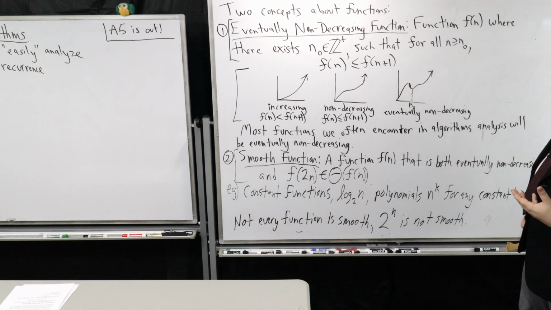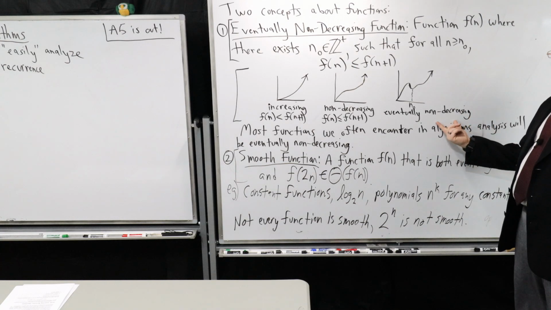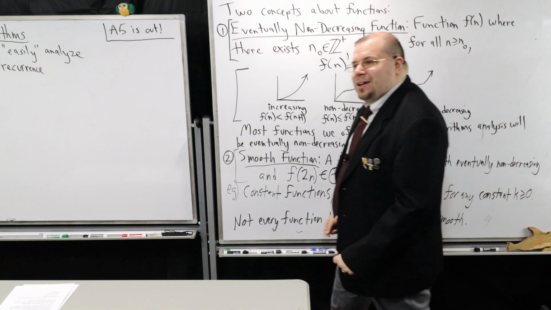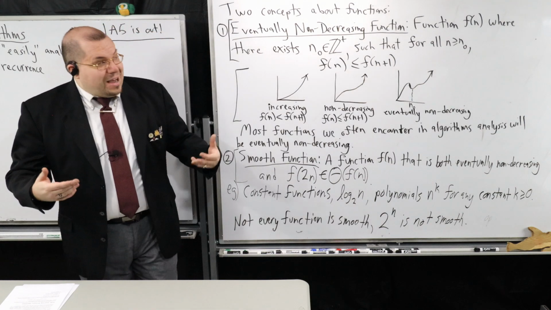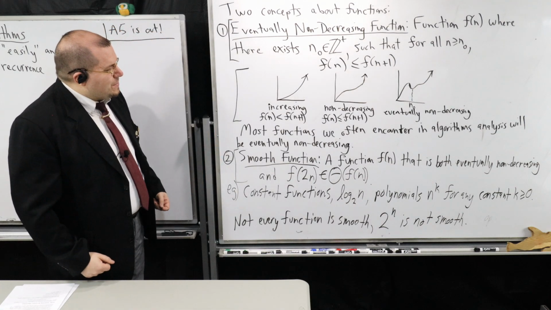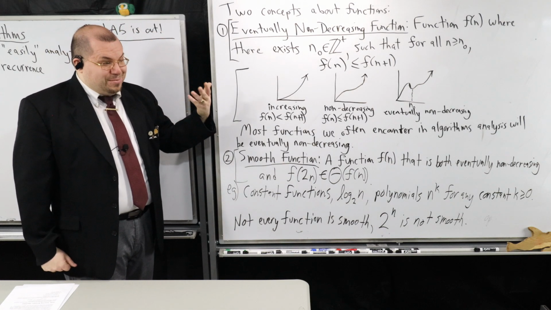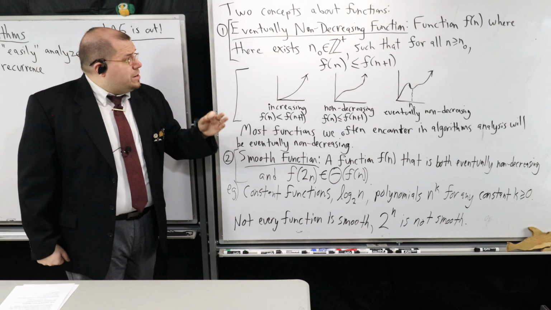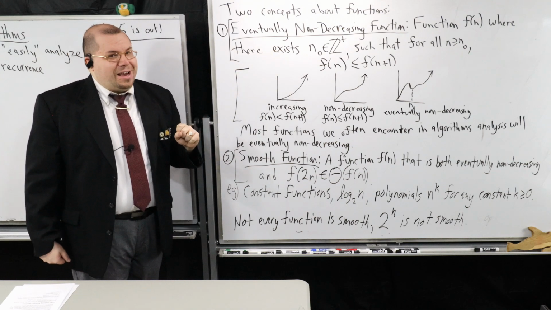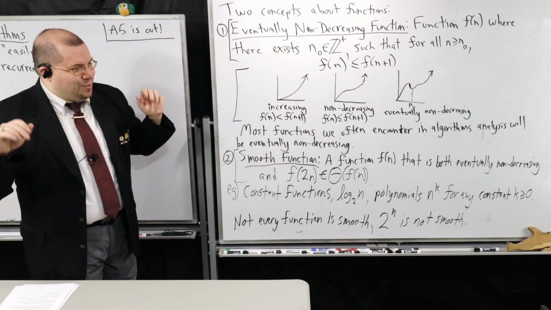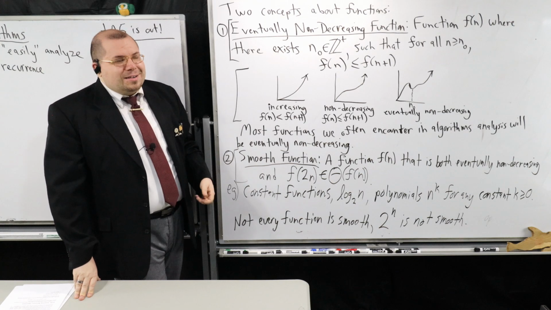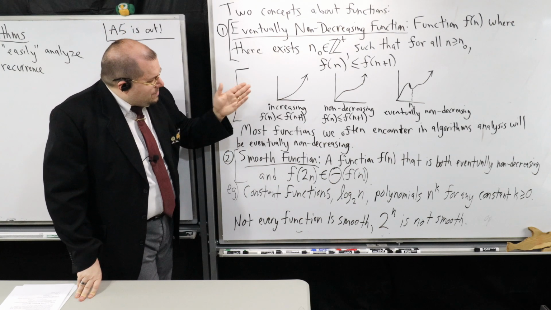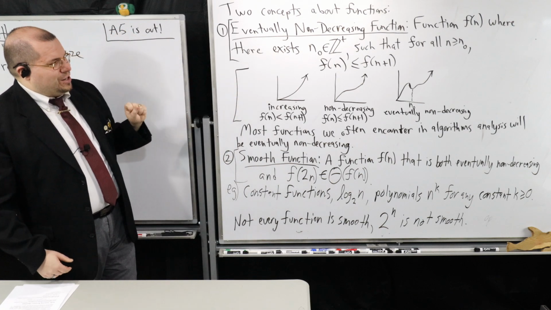As long as it exists, it behaves like a non-decreasing function. That's what I mean by an eventually non-decreasing function. That's also why it's called an asymptotically non-decreasing function. You may notice that this n0 is very similar to the definition of big O. That's not a coincidence. So, are there any questions about this definition?